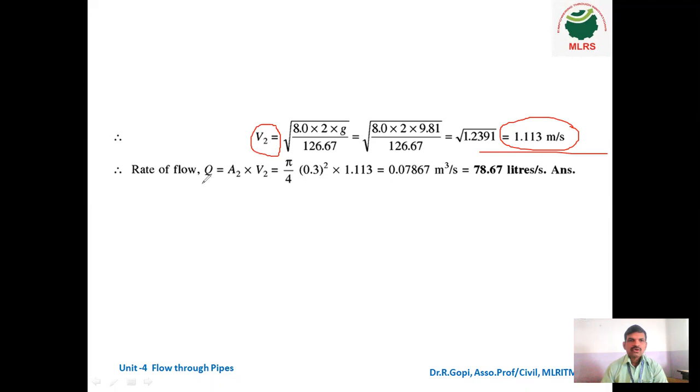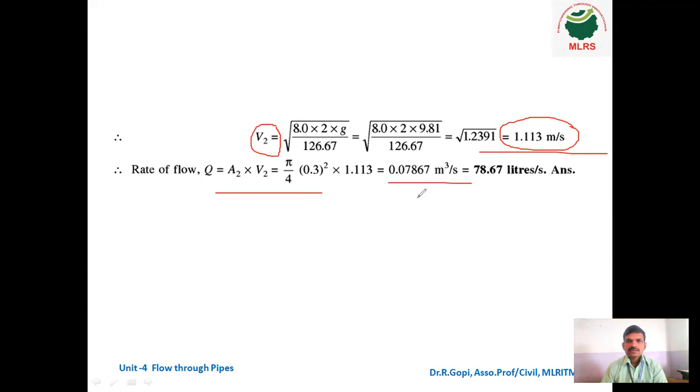Now, rate of flow Q is equal to A2 into V2. A2 is pi by 4 into 0.3 square into 1.113. Therefore 0.07867 meter cube per second.